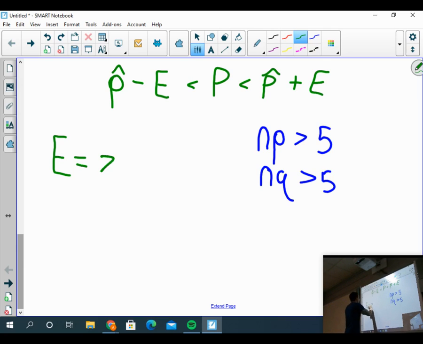Practically, what does that mean? It means we can use Z of C to find our critical value. Again, going back to inverse norm.